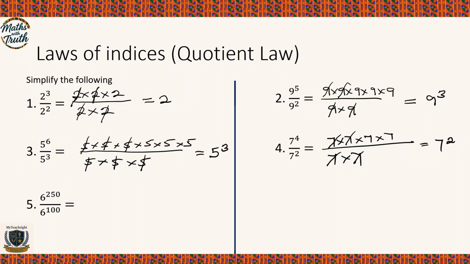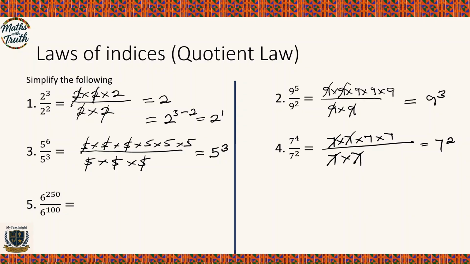So basically we had 2 exponent 3, and then we cancelled out 2 exponent 2, so 2 multiplying itself 2 times. That's the number of factors in the denominator. So minus 2, and that gives us 2 exponent 1, which is 2.